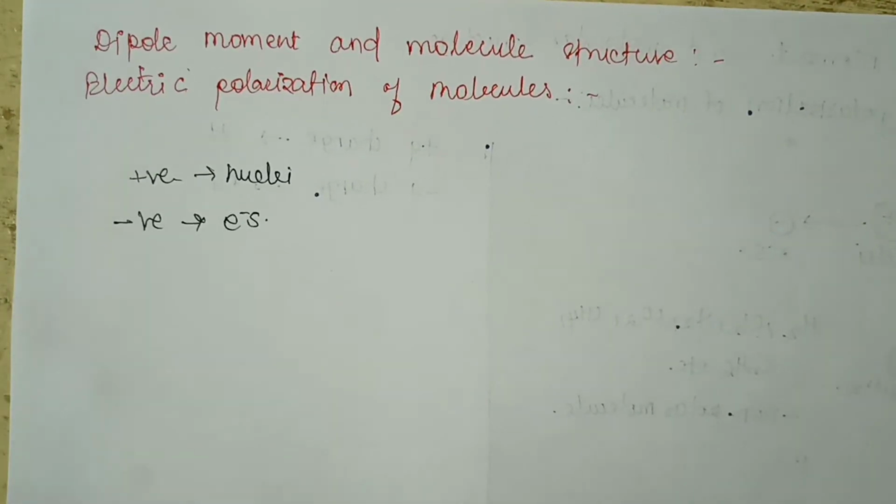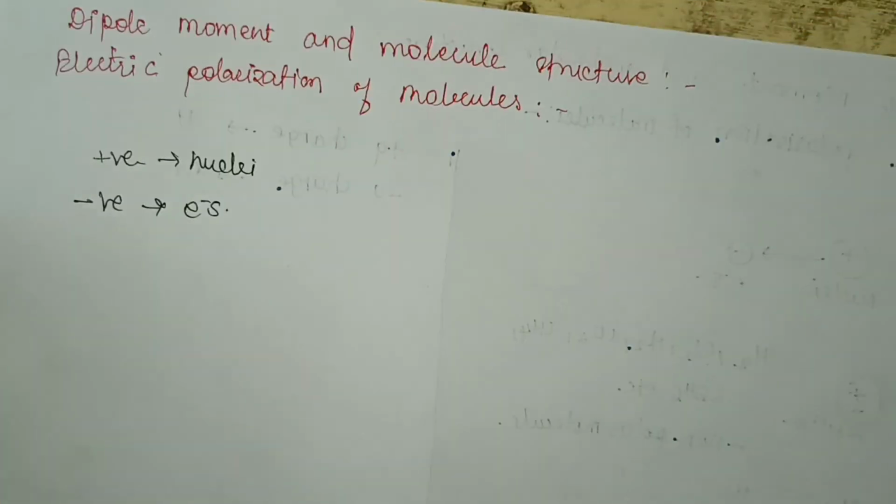It is possible that the center of gravity of the positive nuclei may or may not coincide with the center of gravity of the negative electrons.